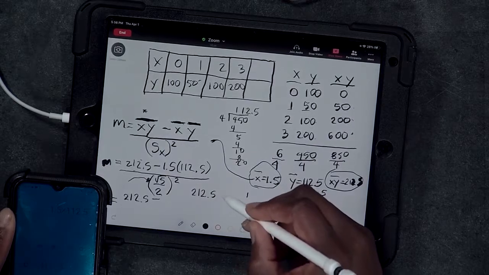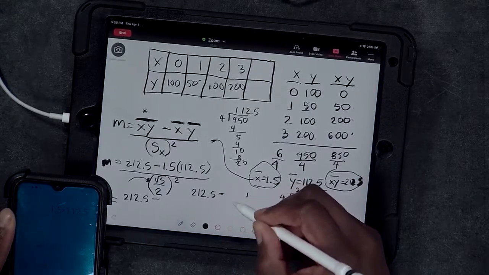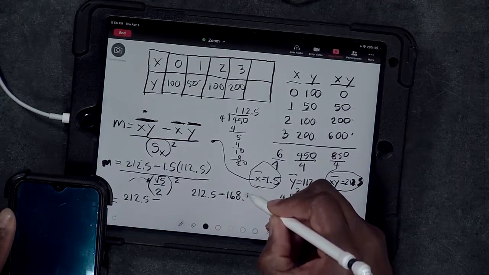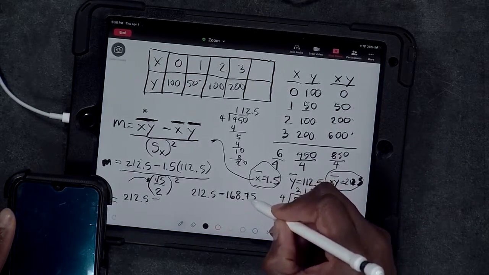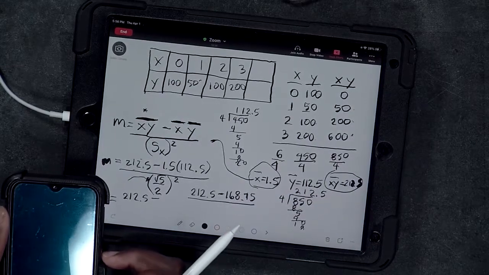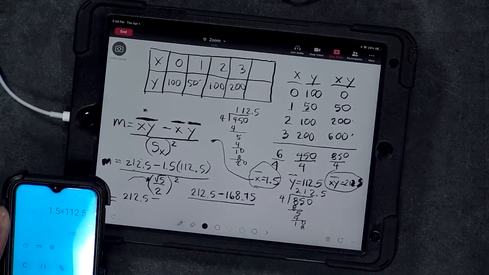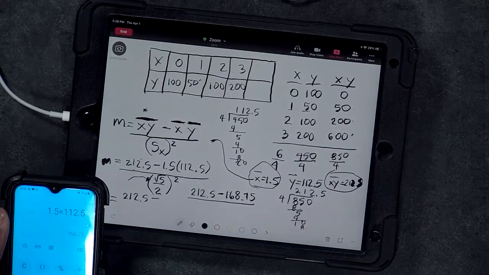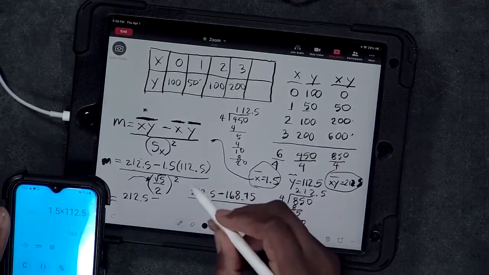212.5 minus 168.75, and that's going to be divided by 1.25.